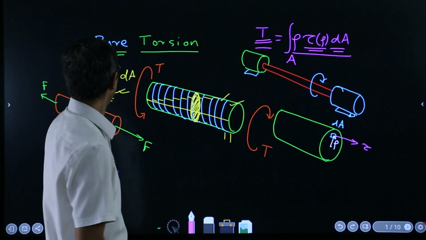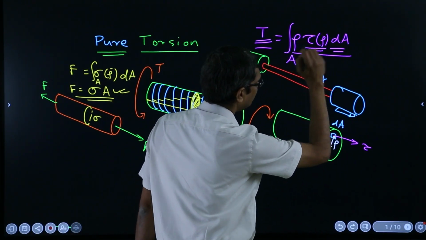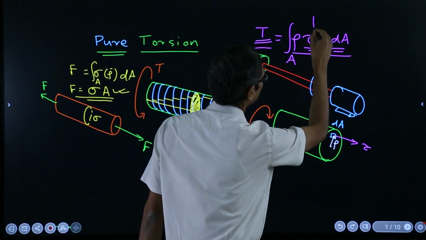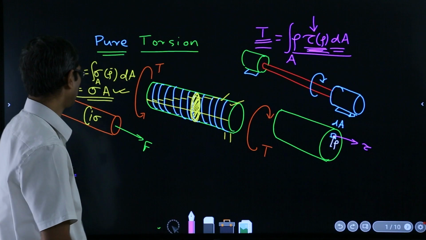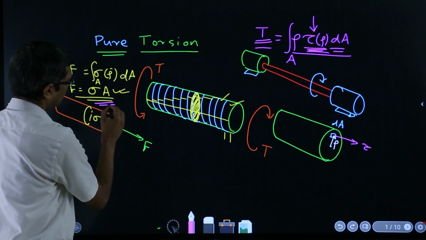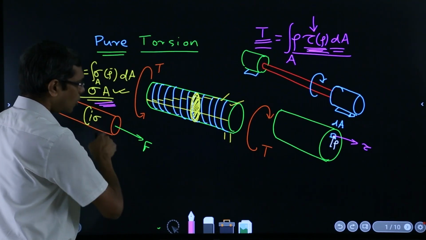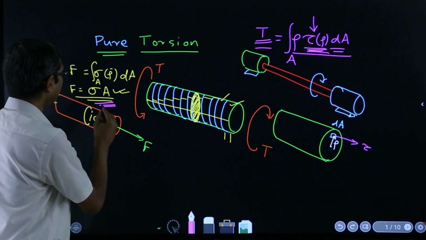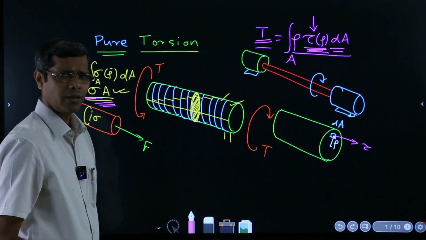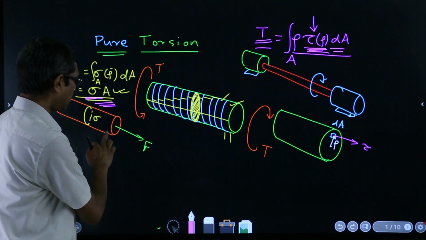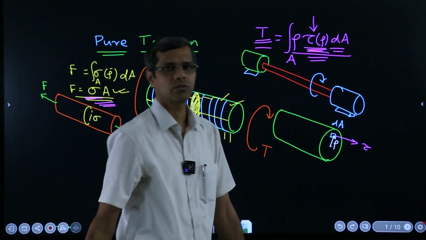Now here there is a very important distinction. You must not assume this stress to be uniform, because all the students always have this habit of following the axial load method, where we assume sigma to be uniform over the cross section, which is a very good assumption under axial loading, but under torsional loading it is not the case.